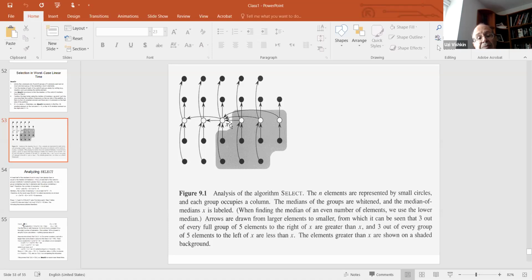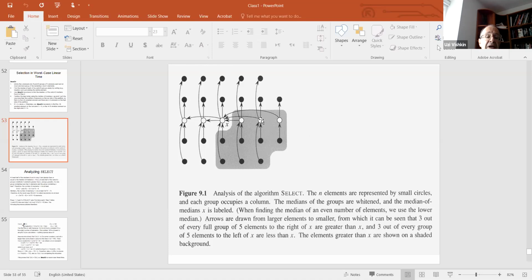Here we are in a much better state because we are guaranteed that the median of medians is smaller than a fraction of the elements and larger than another fraction. And the question that we discussed is what fraction? And the answer is the following.